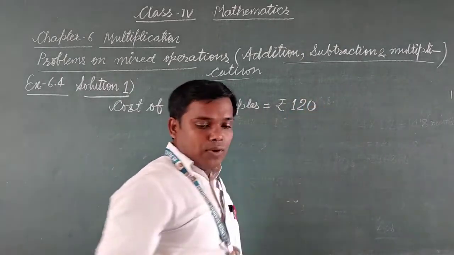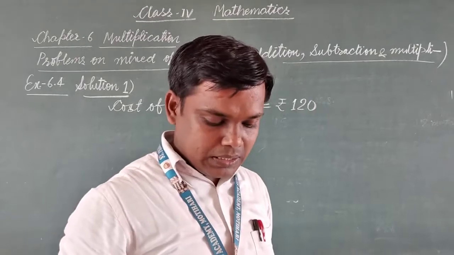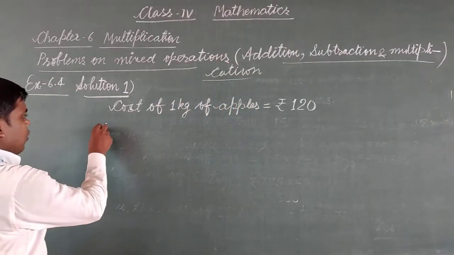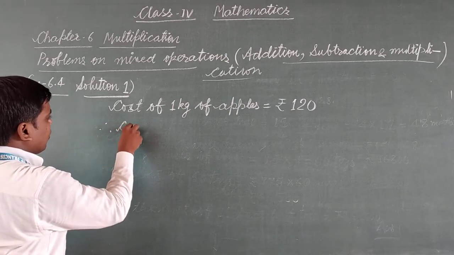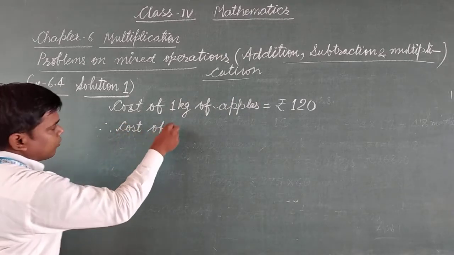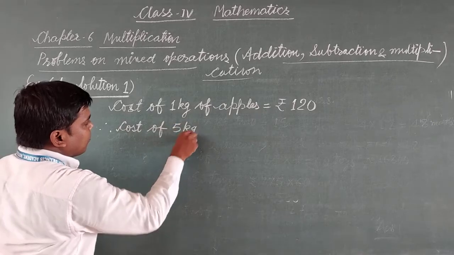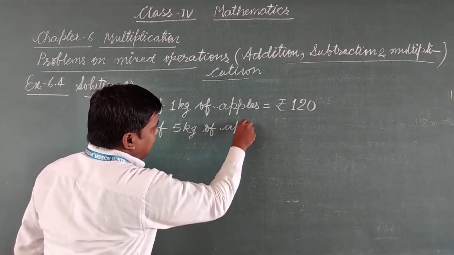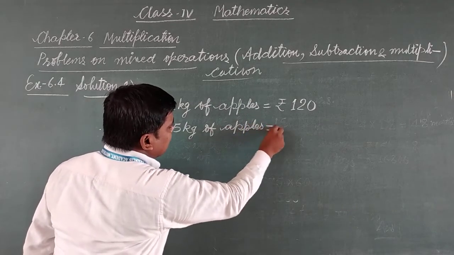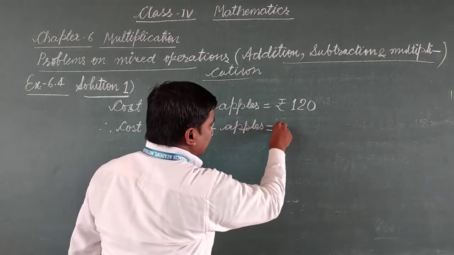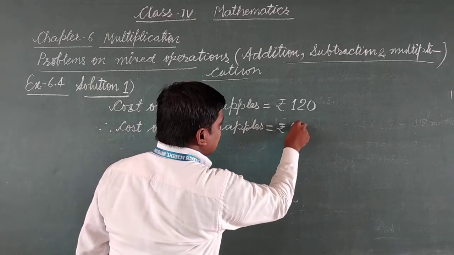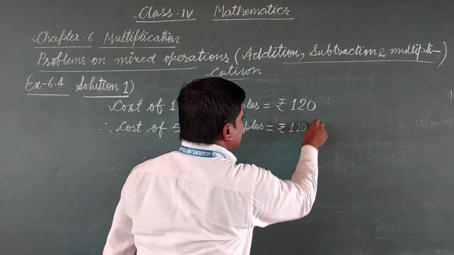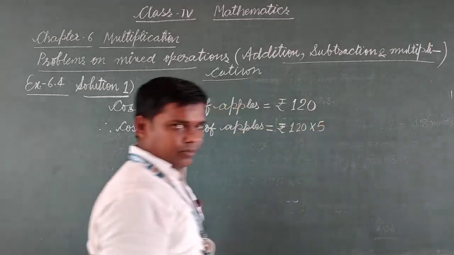Therefore, cost of 5 kg of apples is equal to rupees 120 multiplied by 5.